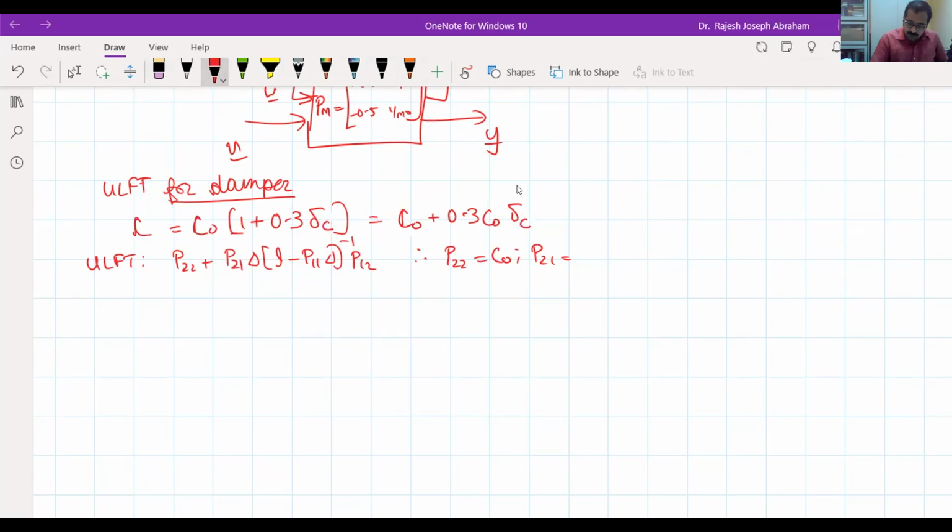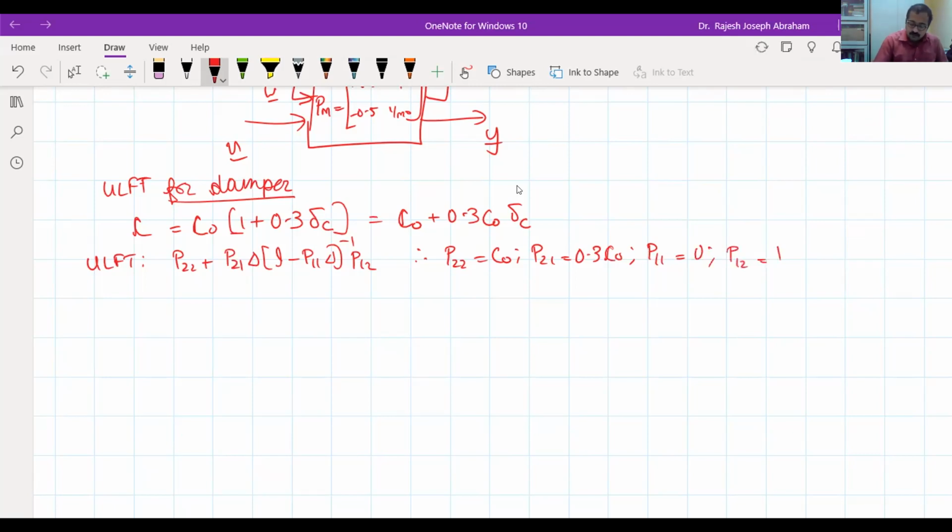P21 will be 0.3 C naught. P11 happens to be 0, because there is no I minus P11 delta whole inverse term. And P12 will be equal to 1.